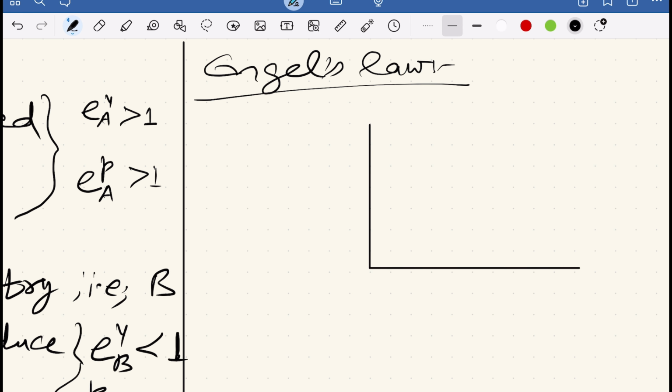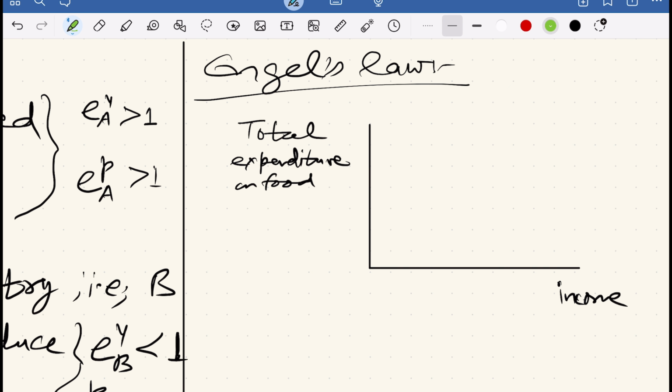This is total expenditure on food. This is income. So Engel's law will say that this will actually keep on increasing like this. Okay. So you see that it's increasing at a decreasing rate.